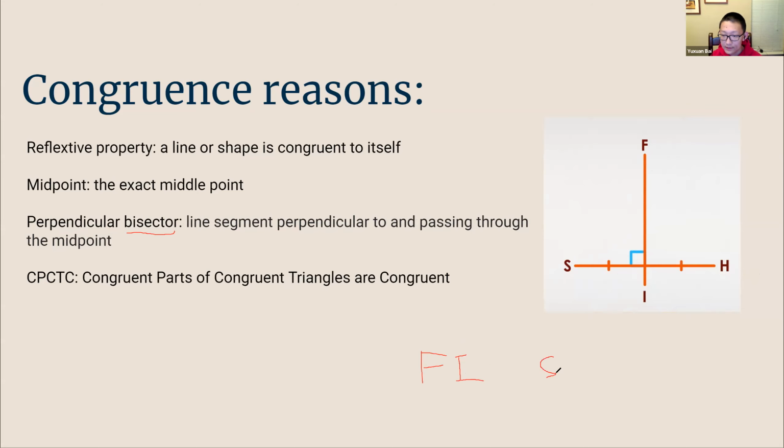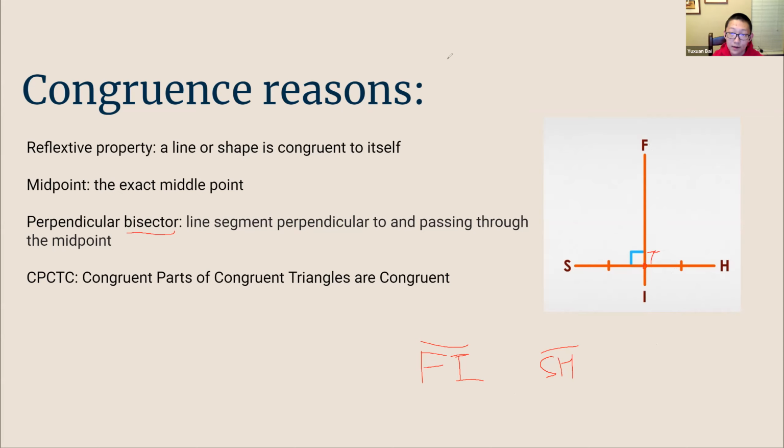So it bisects SH. Why can we say it does that? We know that T right here is the midpoint of SH. FI passes through T, which makes FI split SH into two congruent parts. Therefore, FI is what we call the bisector of SH.